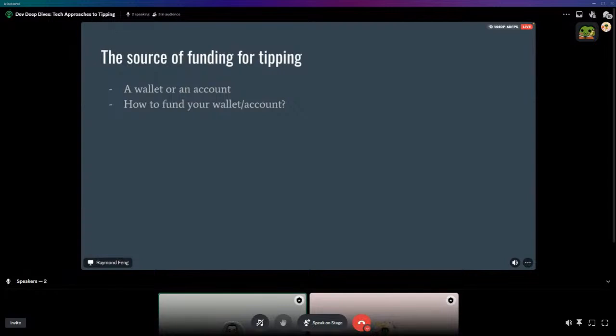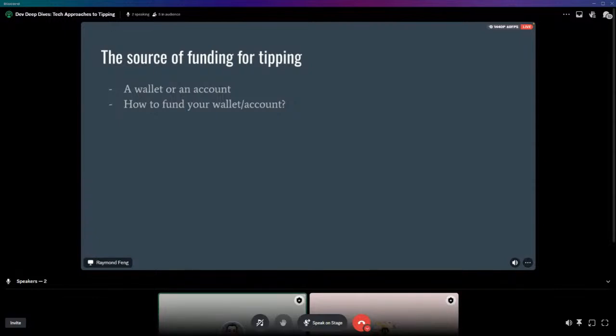And going back to the basics, we also need to understand how you fund your wallet or account, because say for A, you want to tip B, right? So you need to have something that you can control. And how do you control that? For the crypto world, usually you need to have a wallet, right?